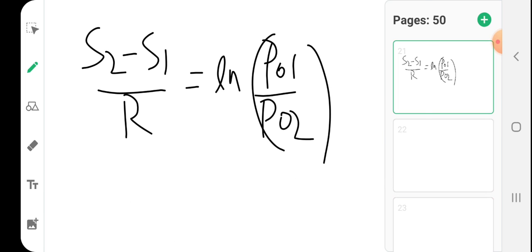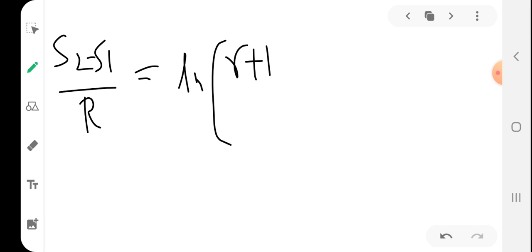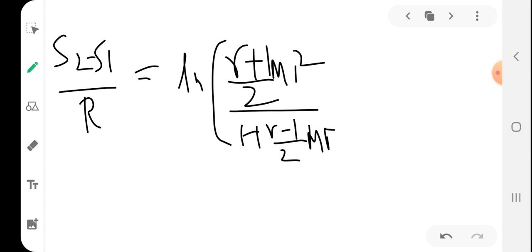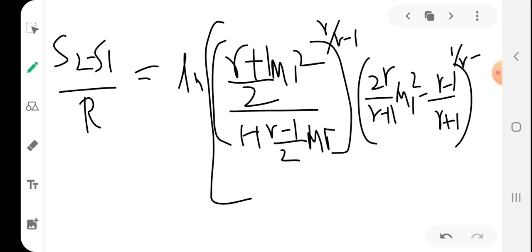So S2 minus S1 by R will be log of gamma plus 1 by 2 M1 square by 1 plus gamma minus 1 by 2 M1 square, raised to gamma by gamma minus 1, into 2 gamma by gamma plus 1 M1 square minus gamma minus 1 by gamma plus 1, raised to 1 by 1 minus gamma. All raised to the inverse, minus 1, so this minus 1 can be taken outside of the log. So you put a minus here.